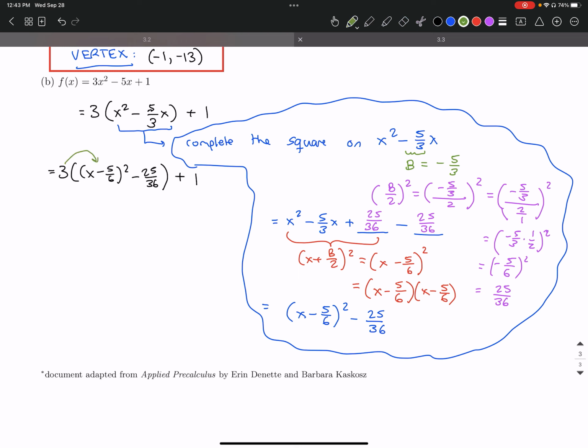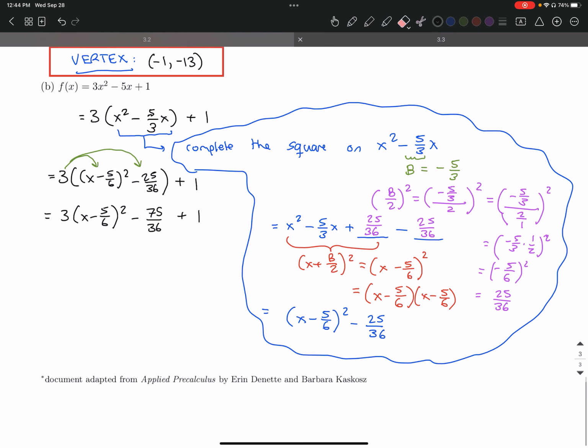We will distribute this 3 to both terms inside the set of parentheses. This will give me 3 times x minus 5/6 squared, and then 3 times negative 25 over 36, which is minus 75 over 36. And then we have the plus 1 on the end, which is not affected by the 3 because it's not inside this set of parentheses.